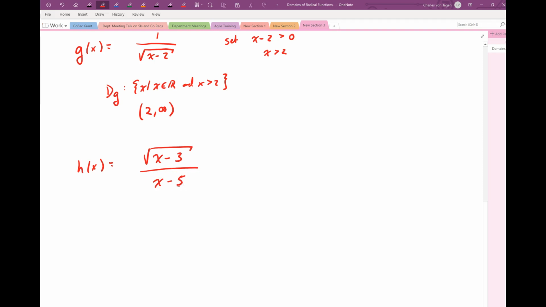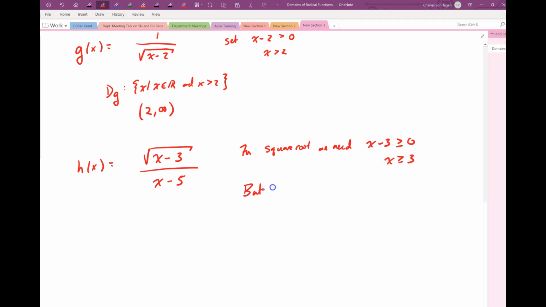I have two problematic operations: I'm doing division, and I've got a square root. For the square root, we need the radicand x minus 3 to be greater than or equal to 0, so we need x to be greater than or equal to 3.